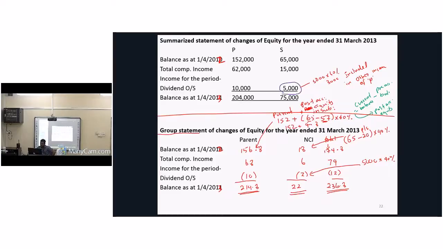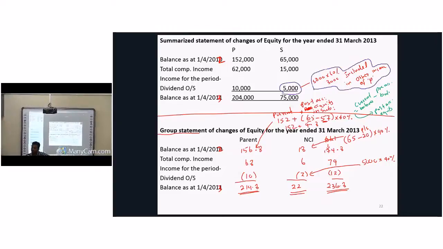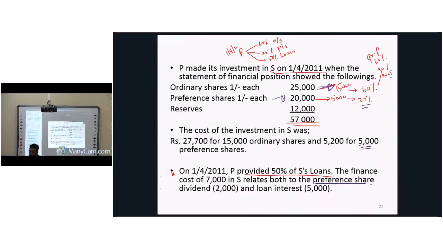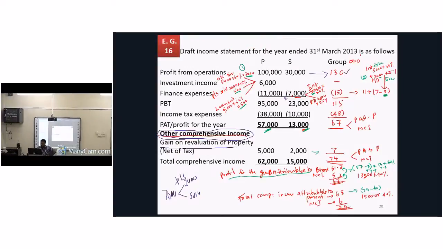Out of 5,000, 60% means 3,000 will be included in other income of parent. Understand? This 5,000 dividend paid by subsidiary is related to ordinary shares. 3,000 should be received by parent. It is included in here, other income. Look.